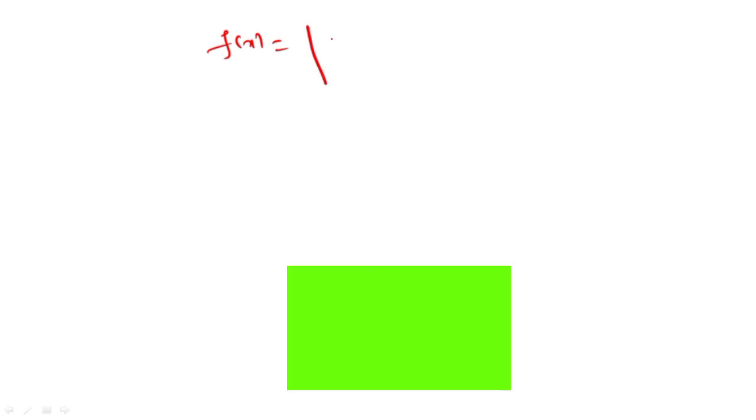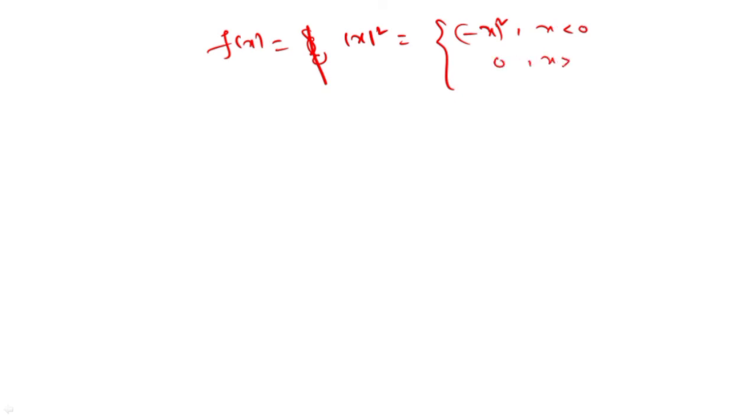So it means that mod x square, which is minus x square for x less than 0, 0 for x equal to 0, and x square for x greater than 0, is differentiable at x equal to 0.